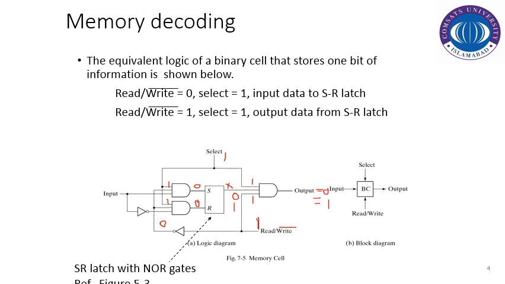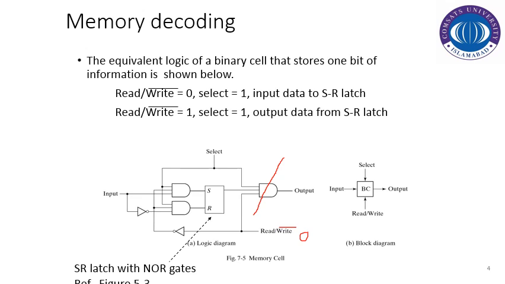Now let us see, if we set this particular value to 0, then what would happen? If we set this value to 0, this circuit has no contribution to the output.